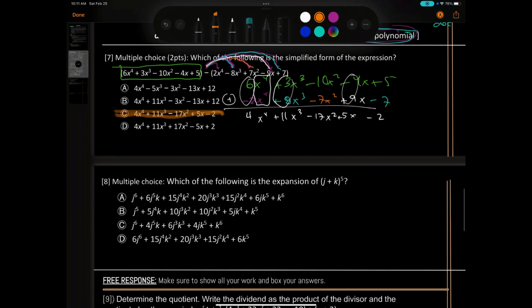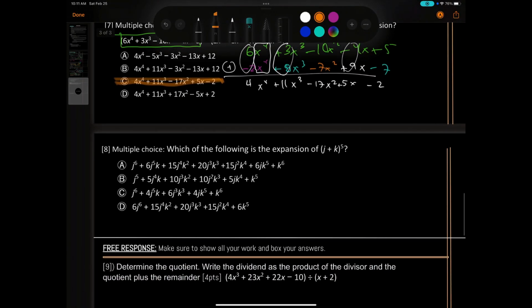Okay. Number 8. Which of the following is the expansion of j plus k to the 5th power? I'm just going to really quickly recreate the binomial chart, since I don't have one in front of me. We're going to the nth power, that is 5. So that would be this row.